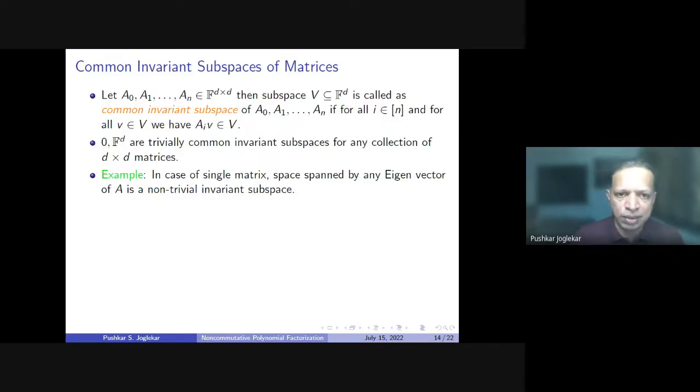One non-trivial example, in the case of a single matrix, is the space spanned by any eigenvector of the matrix; it is a non-trivial invariant subspace for the matrix.